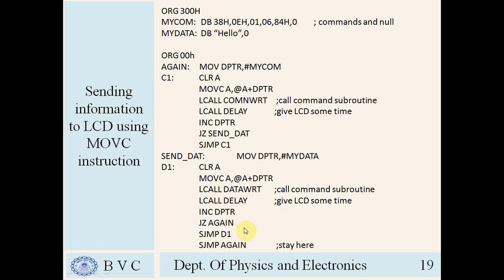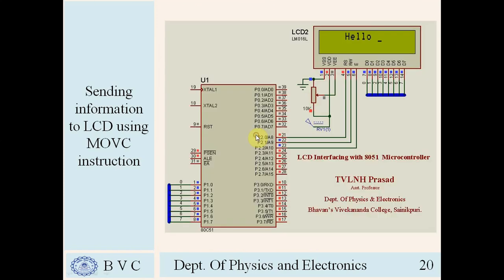If the last data is not 0, it will continue sending the data to the LCD. If the last character is 0, it will stop sending the data, come out of the loop, and then repeat the process of displaying hello continuously on the LCD screen. So this is how we can reduce the code complexity in displaying a string.